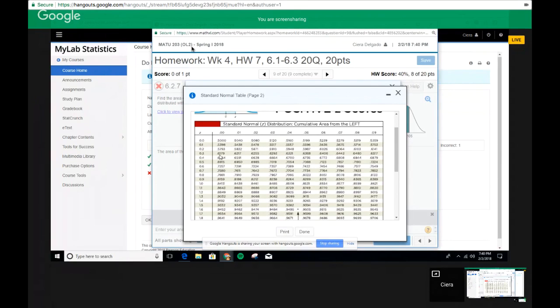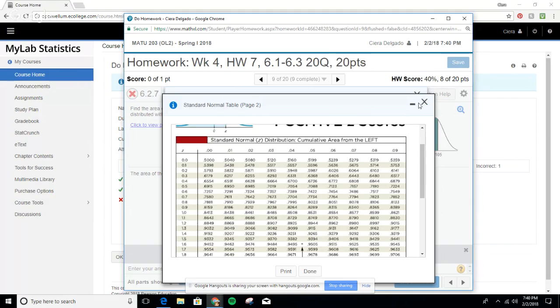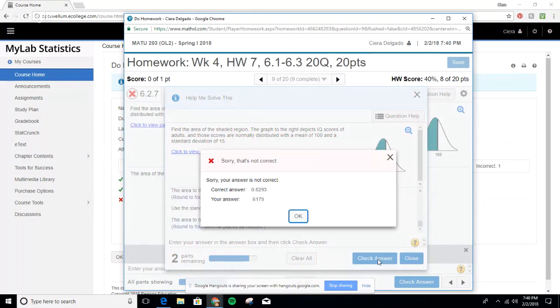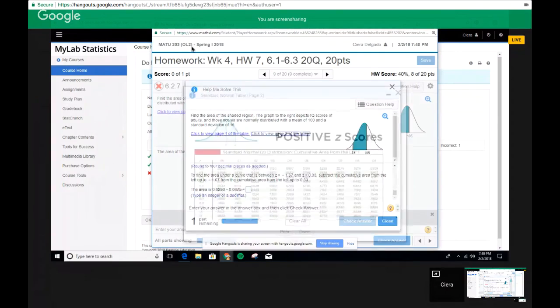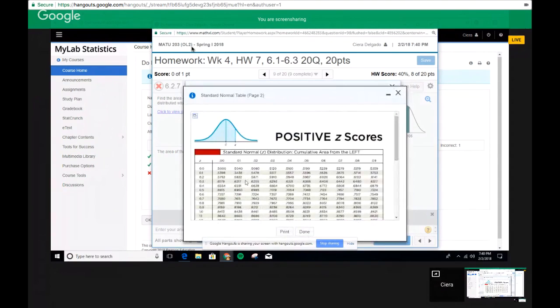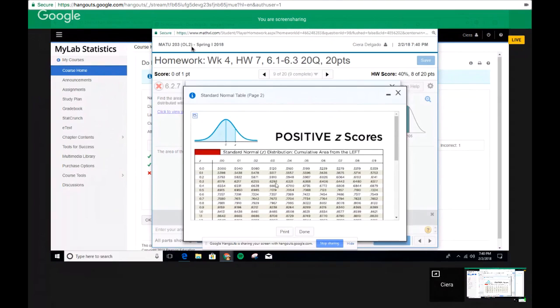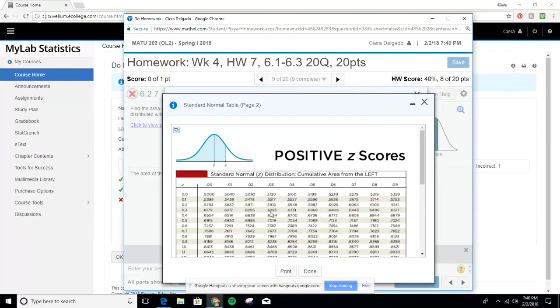These Z tables are so confusing. Okay, 0.6179. Hmm, 0.6293. Let's see what that was under. It was under 0.03, so 0.03 is consistent.